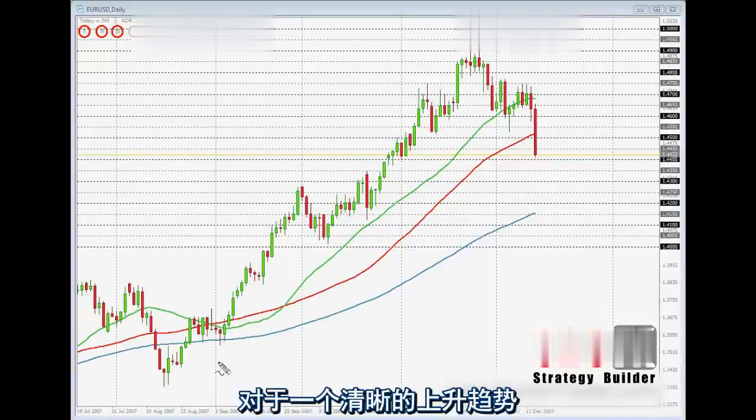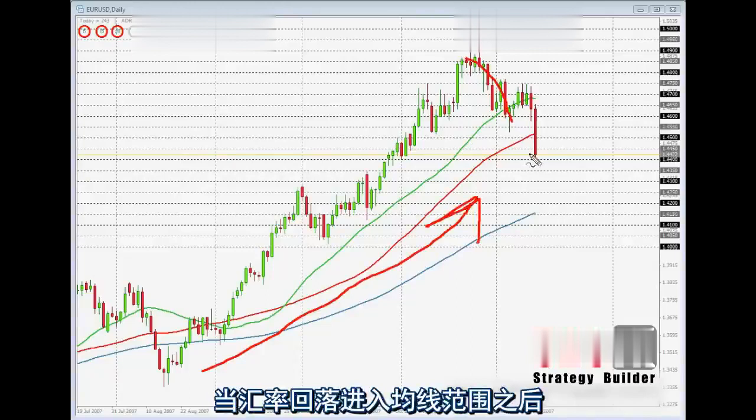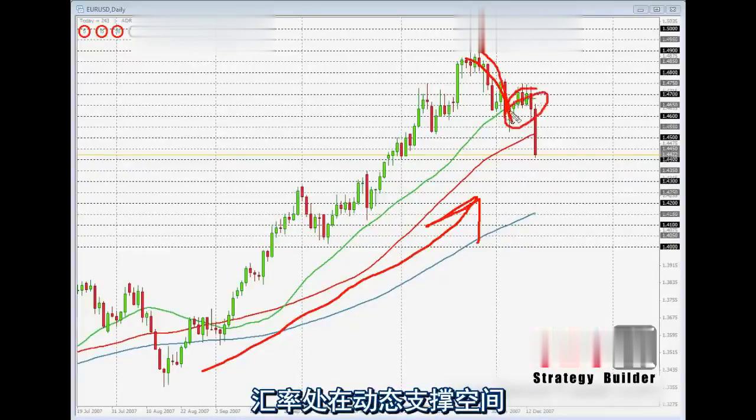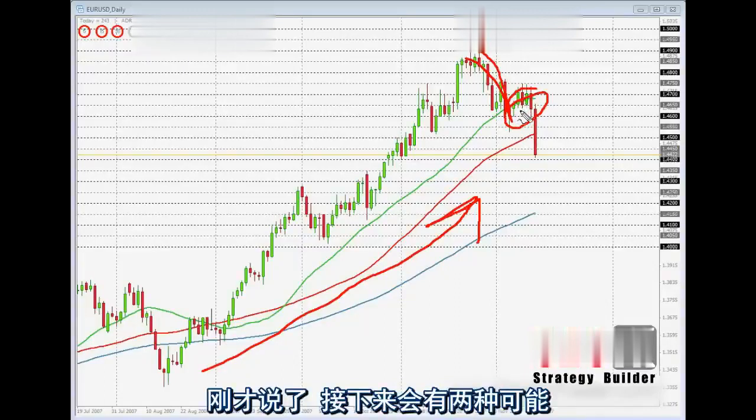When we have a clear uptrend and price retraces back to the moving averages, once the retracement impulse concludes and price comes back to the dynamic area, there are two possible outcomes, as I was saying before.